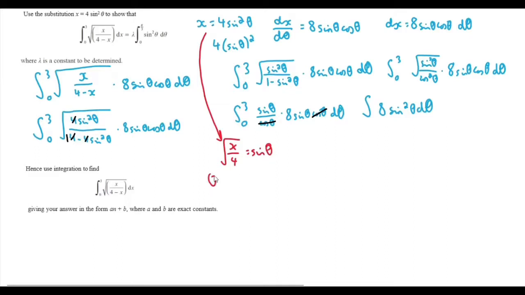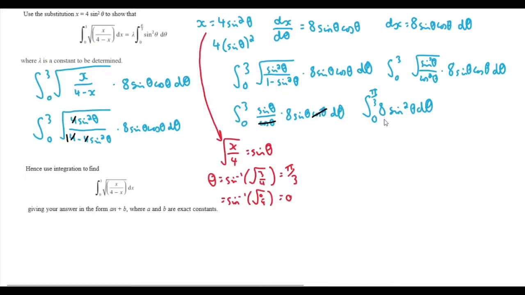So theta is going to be the sine inverse of the square root, and we'll do it with each one. So 3 over 4, or square root of 0 over 4. If you plug these into your calculator and make sure in radians, surprise, surprise, you end up with pi over 3 and 0. So yeah, just to confirm, those are the bounds we're going to have here.